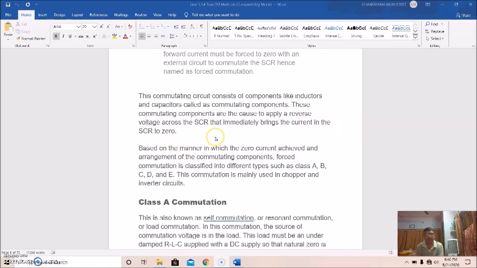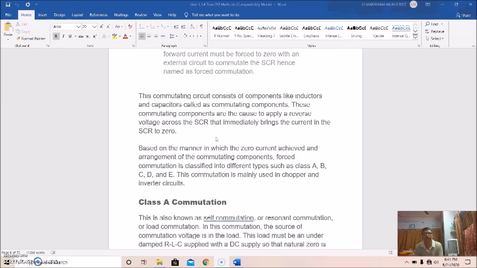Since you are forcefully taking the anode current to 0, components such as inductors and capacitors are used here, so you are bringing the anode current of the SCR to 0.